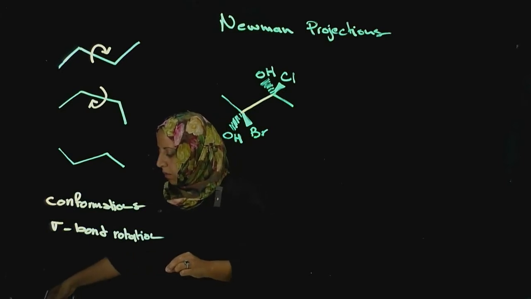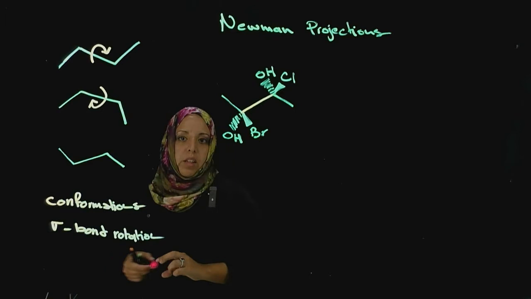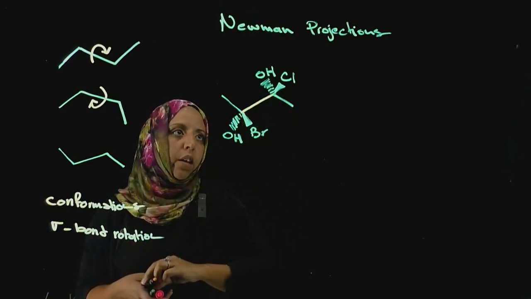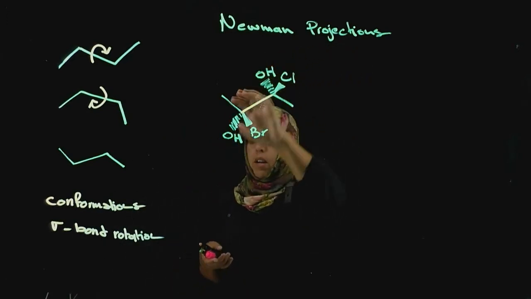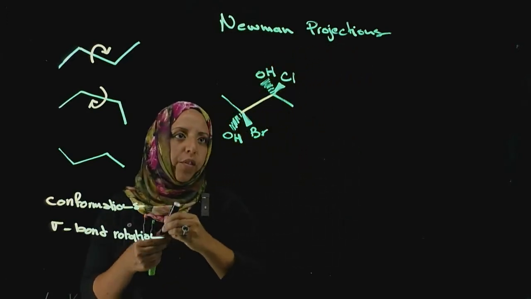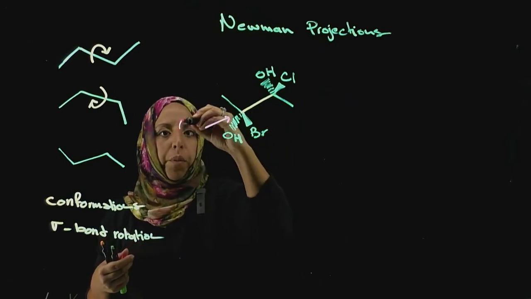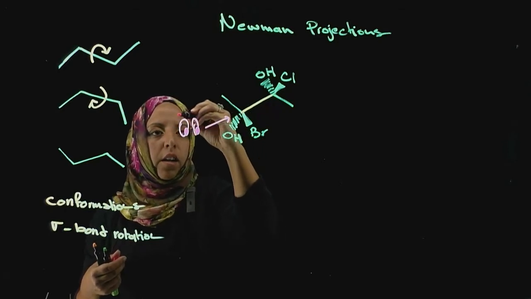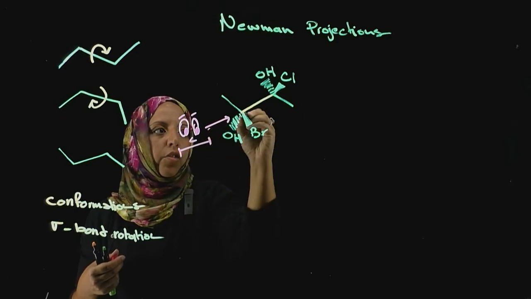Okay, so what we're really doing is looking down this carbon-carbon bond. And when we draw a Newman projection, we think about whichever way we're looking. So suppose our eyes are looking straight down this carbon-carbon bond.